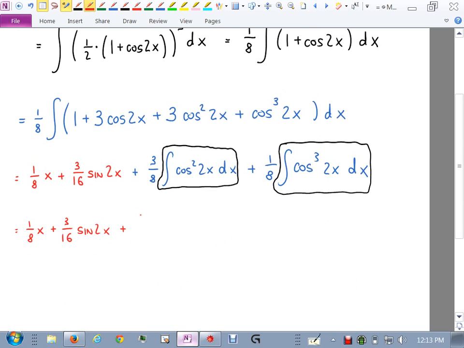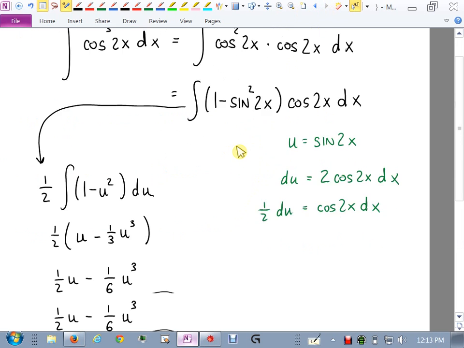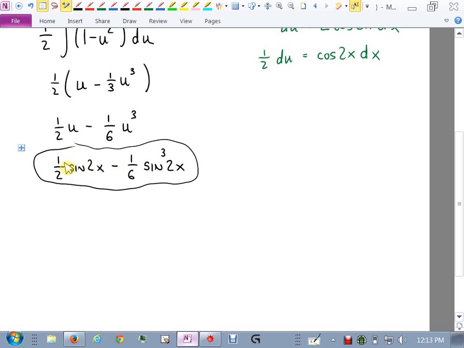I already forgot. 3/16 x plus 3/64 sine 4x, and then we have this plus the 1/8 distributes to these. So we'll have 1/16, and it was 1/8, so 1/48.